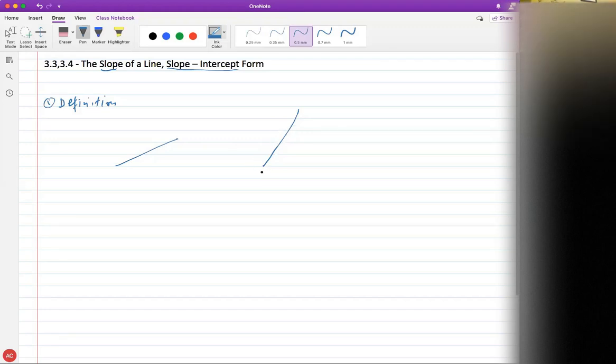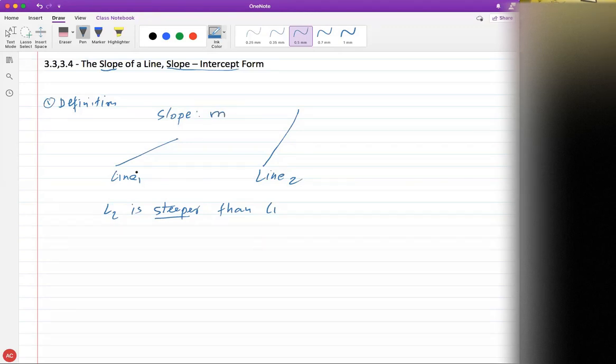Okay, so if we call this line 1 and call this line 2, you can say that line 2 is steeper than line 1. So the slope is basically the measure of the steepness. Each one of these has its own slope. The symbol for slope is m. For some reason, it's always called that. Each line has its own slope.